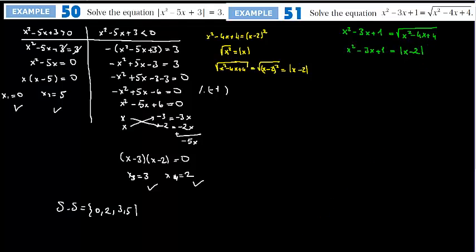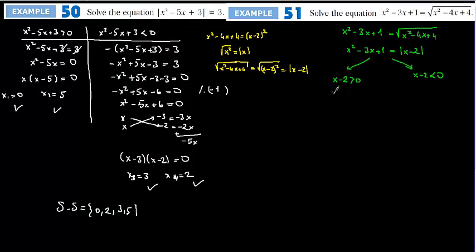The relation between absolute value and radical equations is this one. If we have the absolute value of x minus 2, I have two cases: x minus 2 will be greater than 0 or x minus 2 will be less than 0.